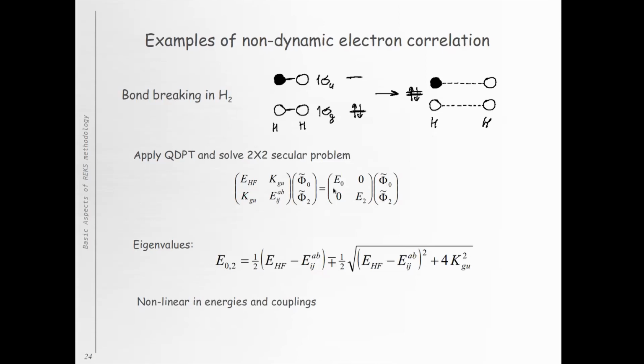Their energies are given by the roots of the secular equation. We can always construct a simple quadratic equation for the determinant of this matrix and obtain the roots in this form. So the form is just the solution of a simple quadratic equation.